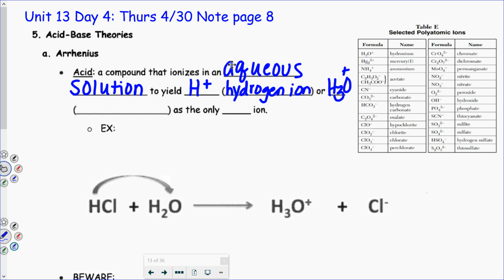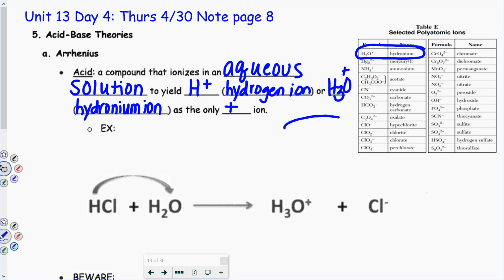Well, this is why I put table E out. H3O+ is right here. That represents hydronium ion, as the only positive ions in solution. So let's reread that over. An acid is a compound that ionizes in an aqueous solution to yield hydrogen or hydronium as the only positive ion. So I can draw a little picture of this once we get into the examples afterwards.